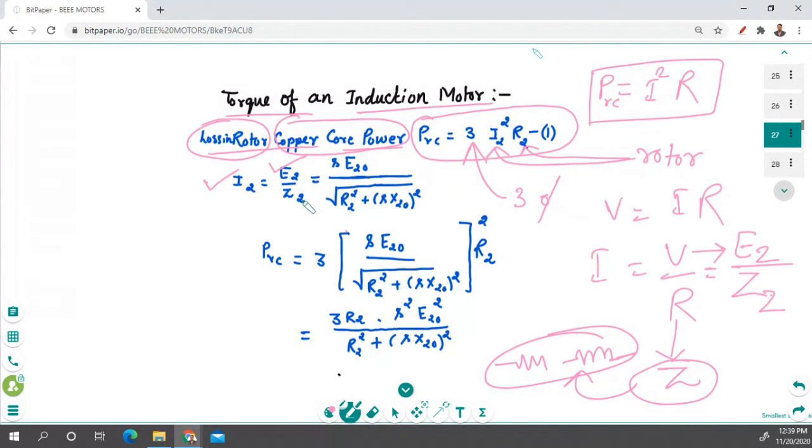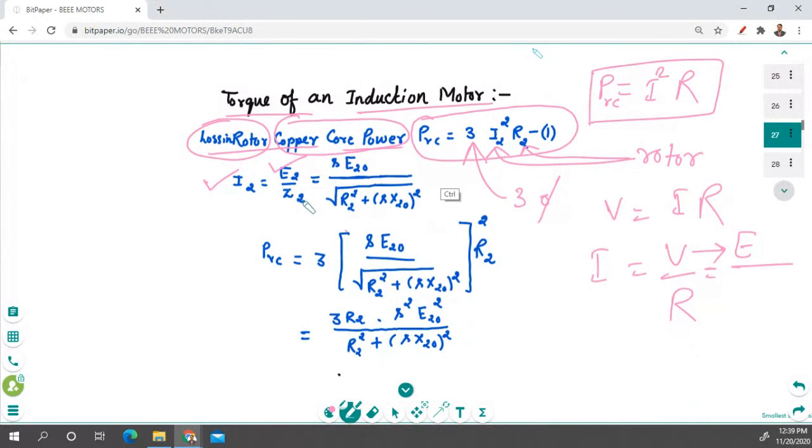And what is the impedance Z2? We know that impedance can be calculated using this formula: the square root of R2 square plus XL square. XL is taken here as (S into X20) whole square. Quickly give your response. Have you understood this part?